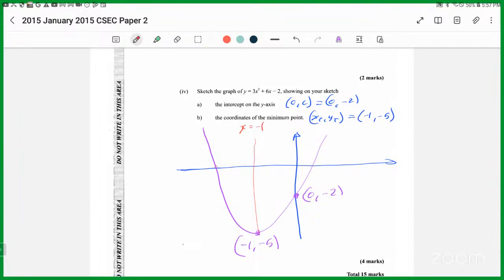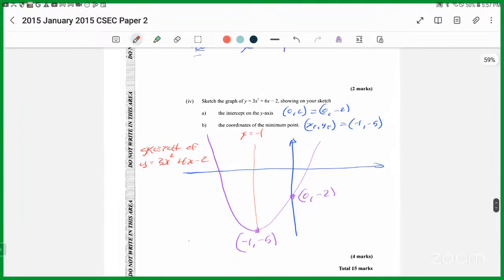We want the roots, so we calculate these two x values to get the roots. That's how we create a whole sketch of y equals 3x squared plus 6x minus 2. Is it done? Very good.